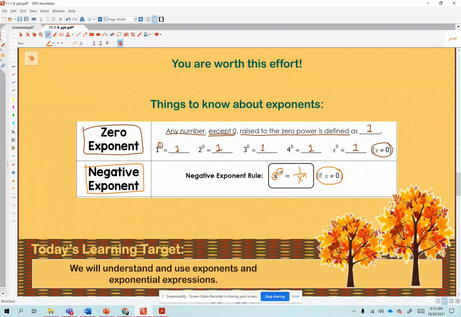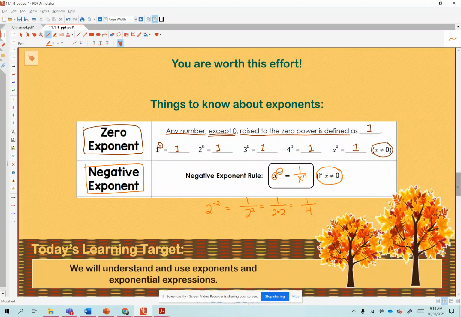So if we have 2 to the negative 2 power, we will write that as 1 over 2 to the second power, and we can further evaluate that as 1 over 2 times 2, because the exponent is repeated multiplication, which would make that 1 over 4.